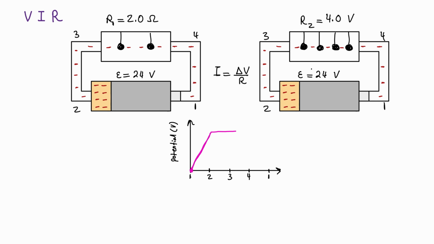And then they start losing some of that energy, and their energy drops back to 0 from point 3 to 4 as they bump into the particles of the resistor or the load, and they transfer their energy to these particles over here.